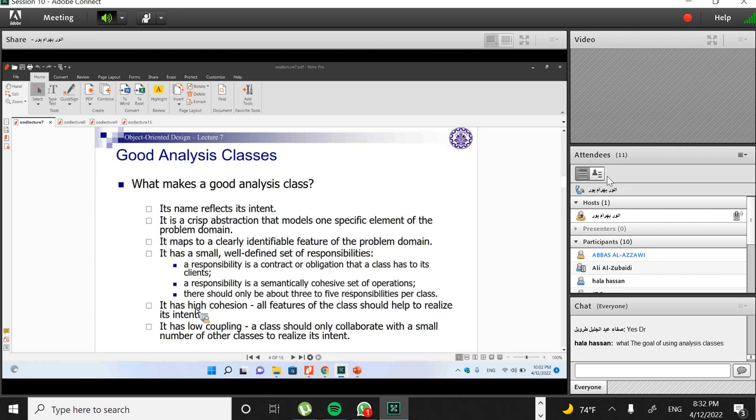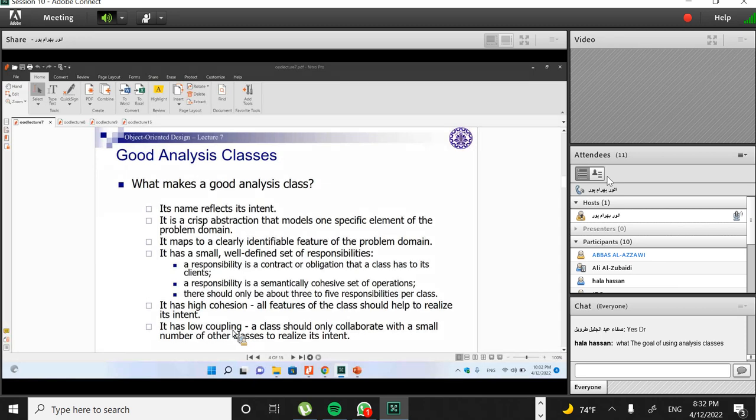We have two principles in object-oriented design named cohesion and coupling. Coupling relates to the dependency of each class to other classes in our project, and cohesion introduces the internal dependency of each class.